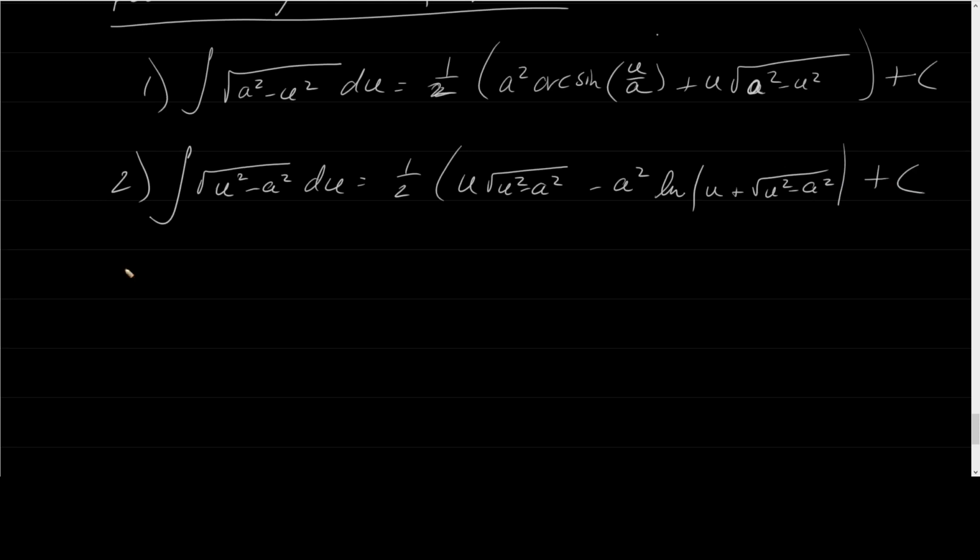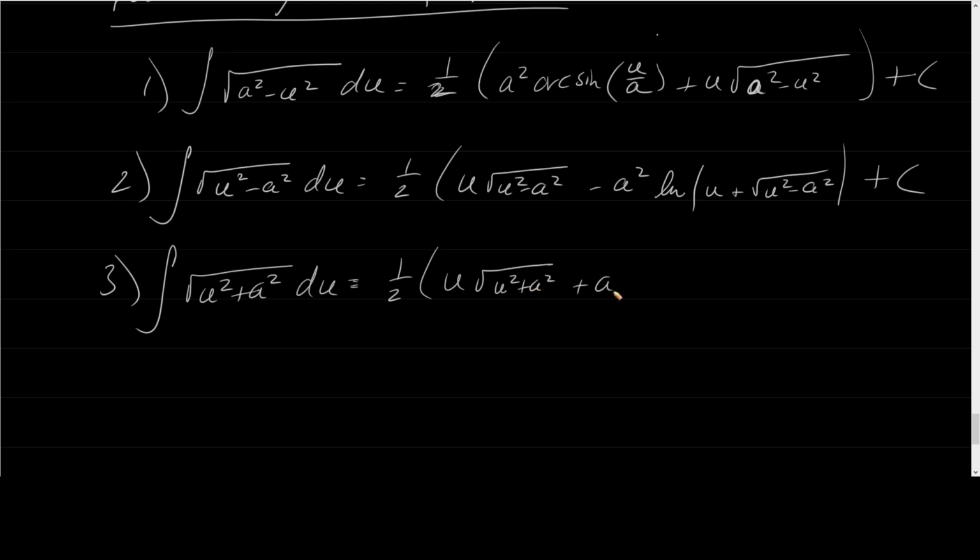And the last one says if I have the integral of the square root of u squared plus a squared du, this will end up being 1/2 times u times the square root of u squared plus a squared plus a squared times ln of the absolute value of u plus the square root of u squared plus a squared plus c.